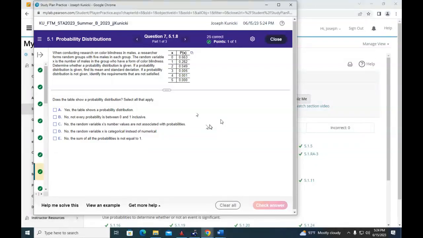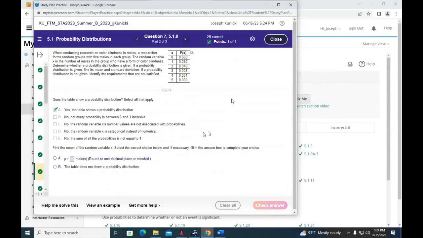And if you add these up, you get 1,000. So it looks to me like everything's fine. All the probabilities fit the description, and it's numerical and finite. So yes.